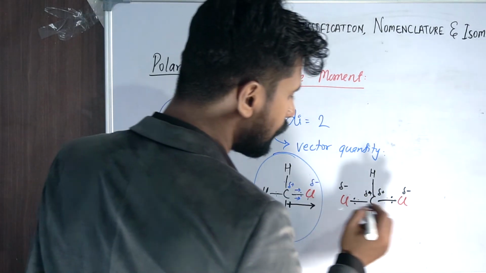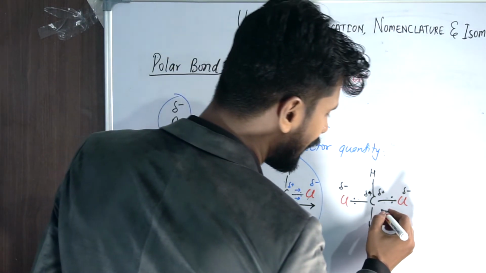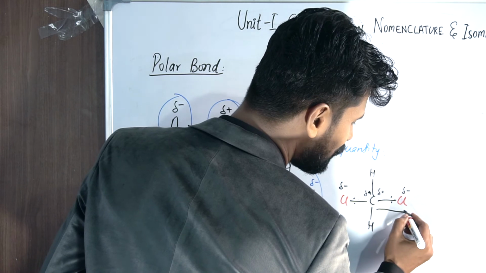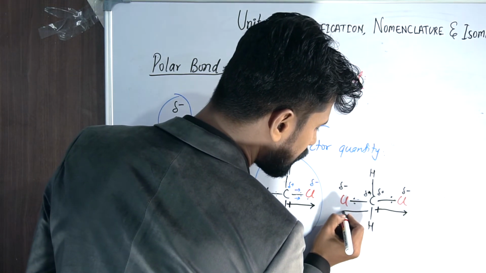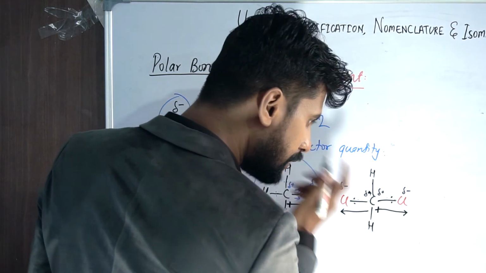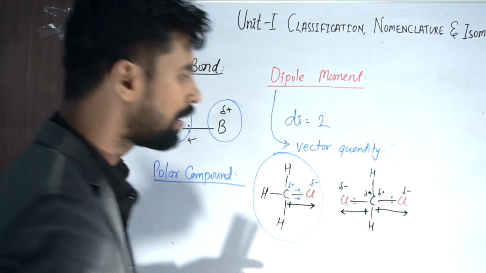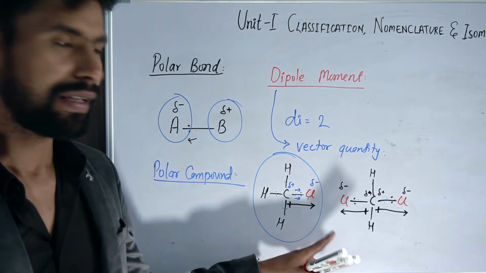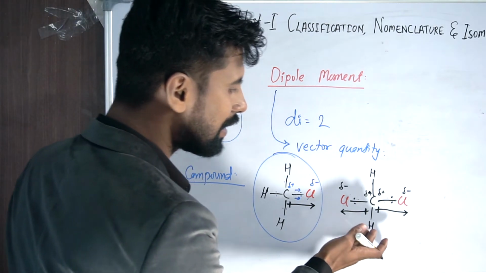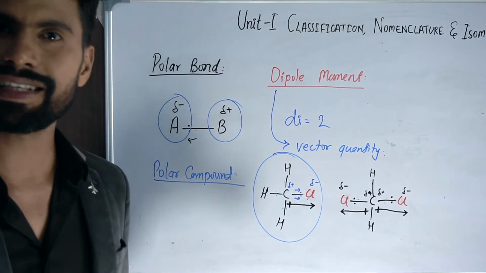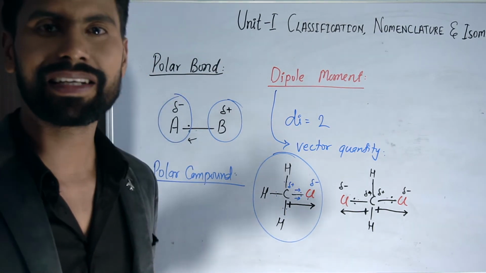Now for the dipole moment in the second molecule, you can draw a dipole like that for this bond, and for this other carbon chlorine bond, you should draw the dipole moment in this direction. Since it is a vector quantity, one is going in this direction and another in the opposite direction, so they will cancel each other and there will be no net dipole moment.